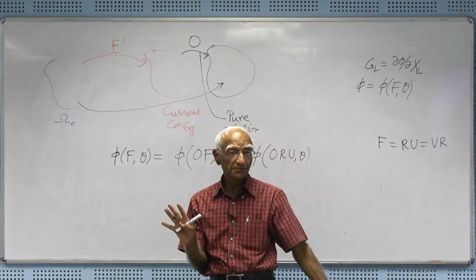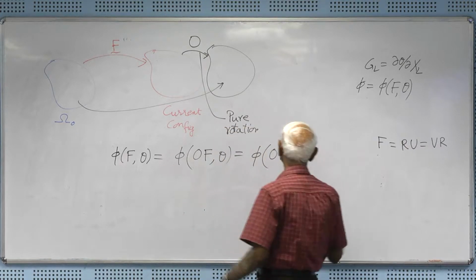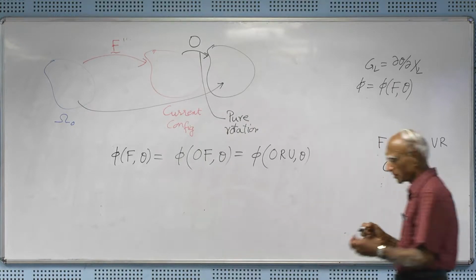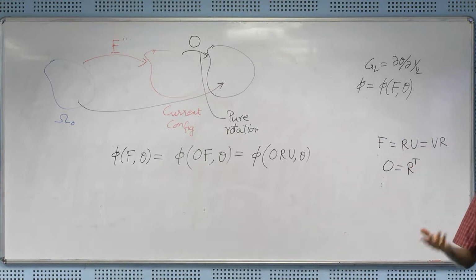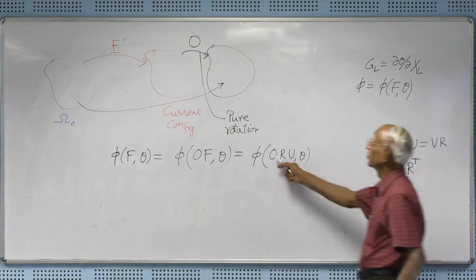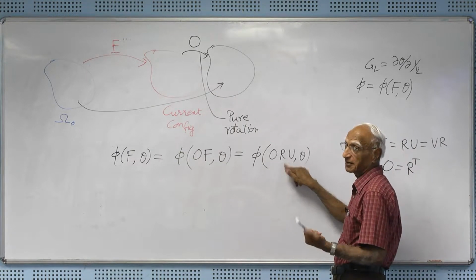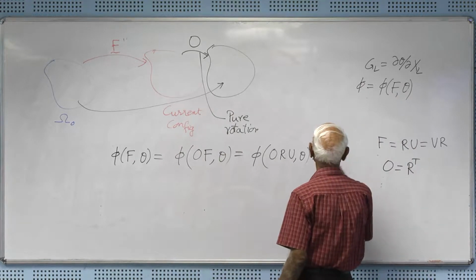No. So, I take O equal to R transpose. If R is orthogonal, R transpose is also orthogonal. It should hold because it holds for all O's. So, if I take O equal to R transpose, what will happen to this term? Identity. So, that means this should be a function of U.